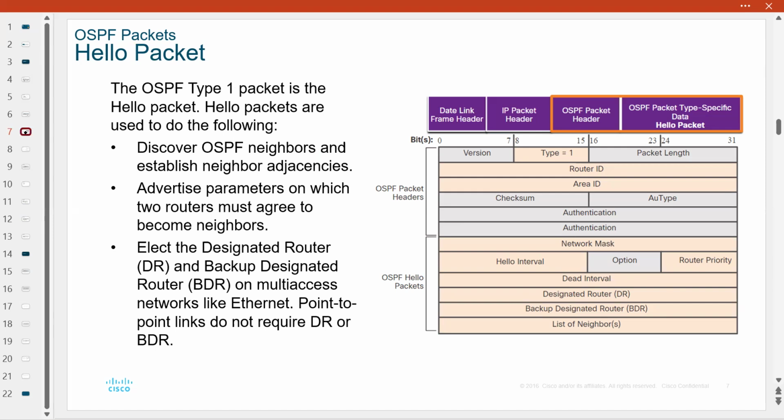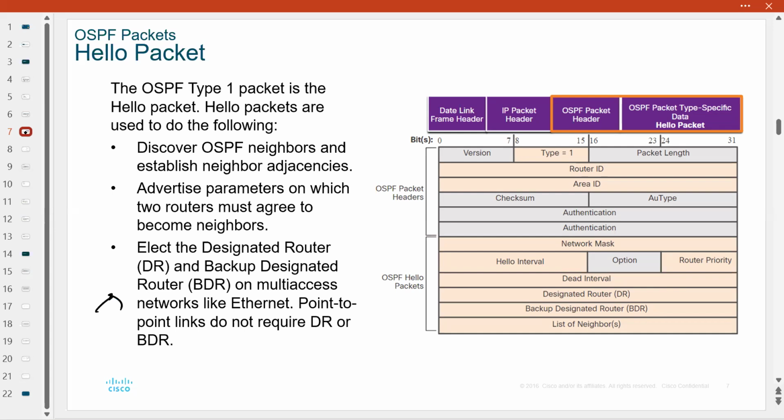Right, the advertised parameters on which two routers must agree to become neighbors. They elect a designated router and backup designated router on multi-access networks like Ethernet. We'll touch on the election. A designated router is basically a router in a multi-access network that is allowed to speak on behalf of every other router in the network. We'll get there.